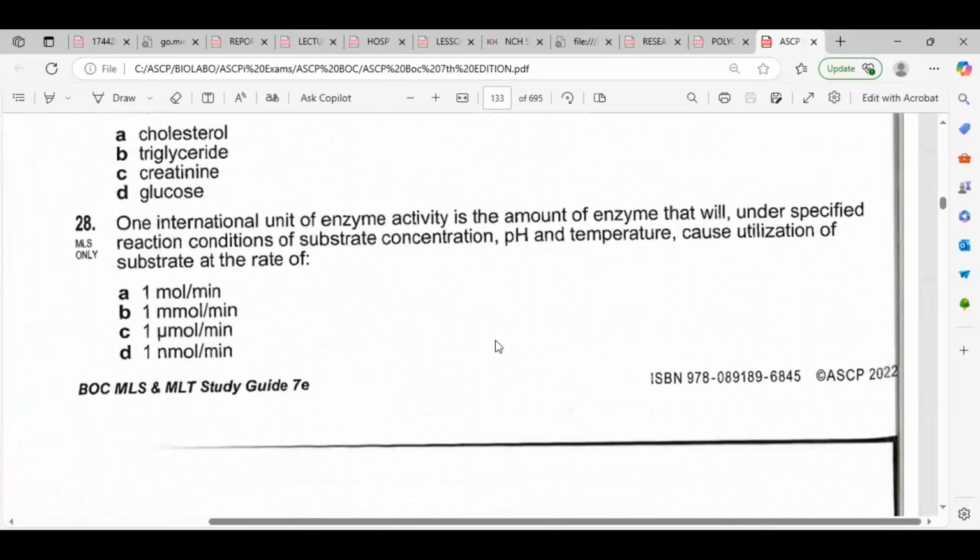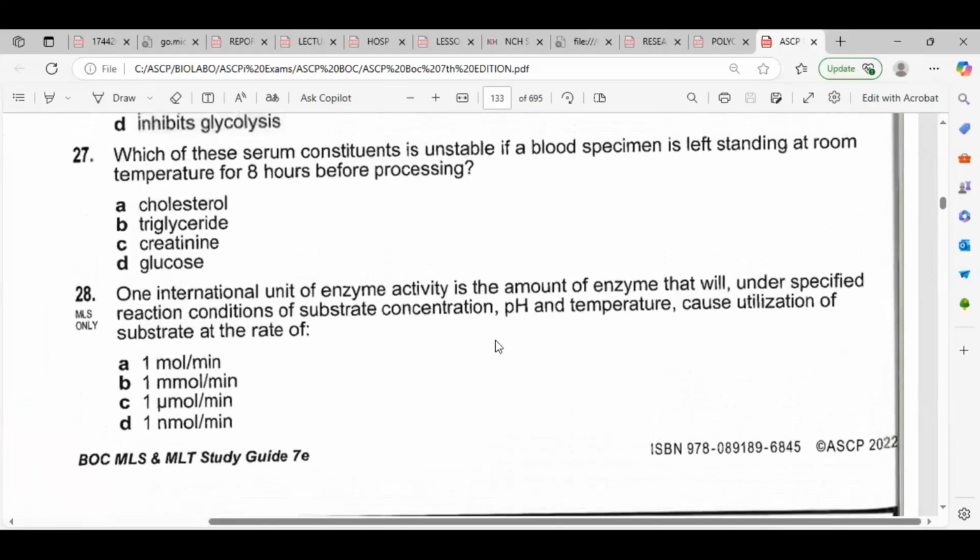One international unit of enzyme activity is the amount of enzyme that will, under specified conditions of substrate concentration, pH, and temperature, cause utilization of substrate at a rate of 1 mole per minute, 1 millimole per minute, 1 micromole per minute, or 1 nanomole per minute.